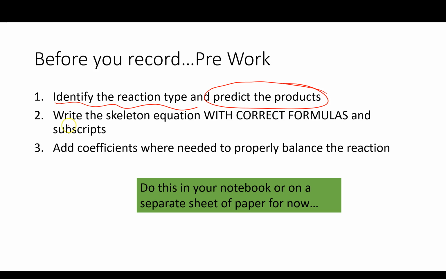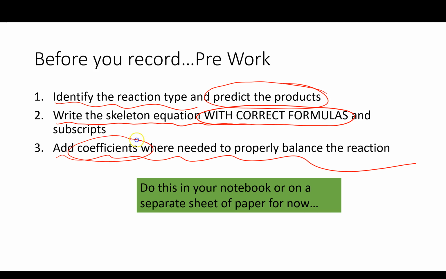You will then write the skeleton equation with the correct formulas. Going back to that central point I was trying to drive home early in the balancing reactions unit: first we have to write the skeleton reaction with the correct subscripts and formulas. Then you will show us how to balance that by adding coefficients where necessary.